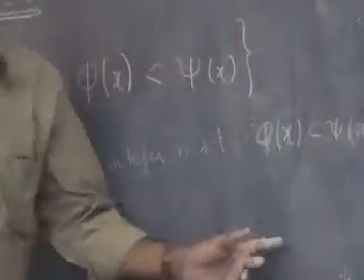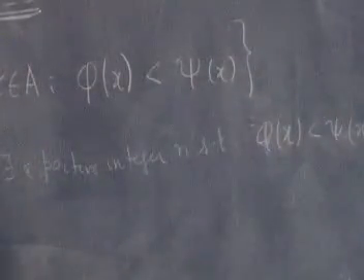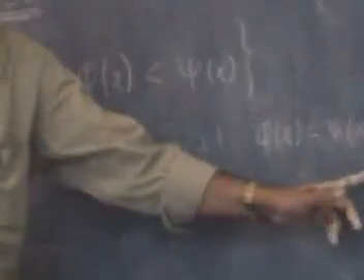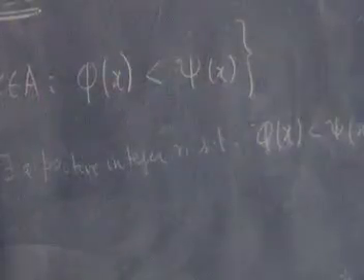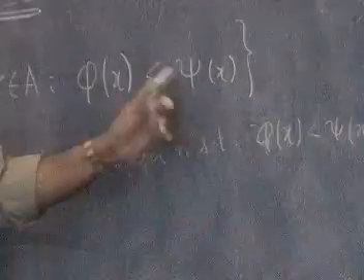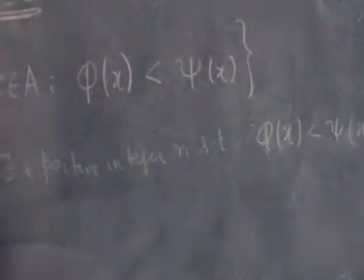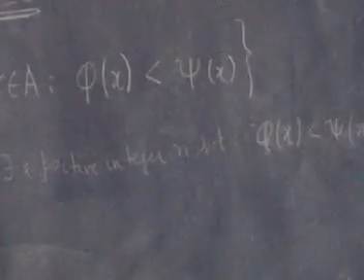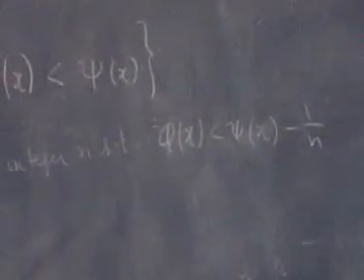Do you agree with this? Conversely, if there exists a positive integer n, obviously x belongs to E, because if it is less than psi x minus 1 over n, it is less than psi x and therefore x is in E. So x belongs to E if and only if there exists a positive integer n such that phi x is less than psi x minus 1 over n.